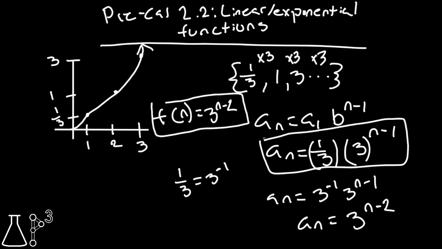Now, I'm not sure if you're going to be asked this, but let's just say hypothetically it asks you for f(0), which we don't have here. You would literally just plug in 0 here and get 3 to the negative 2. Let me make myself some space. This is important, before I erase this, you should know that 1/3 is equal to 3 to the negative 1.